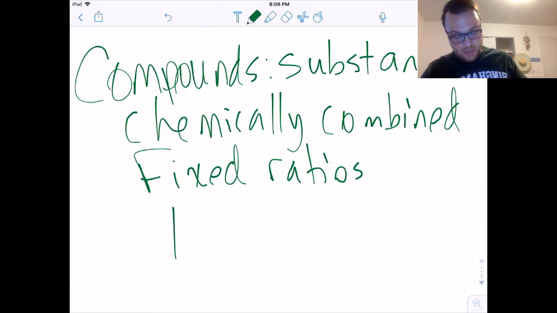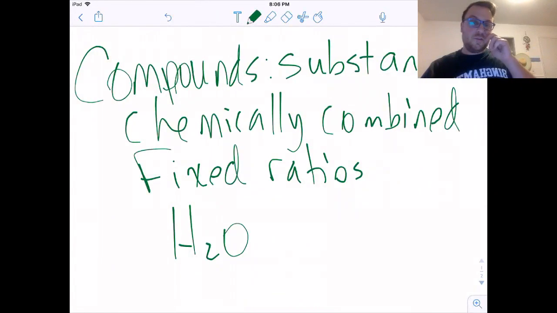For example, with H2O, if you change the ratio of hydrogens 2 to oxygens 1, you don't have water anymore. You have a different substance. So we're chemically combined, we have fixed ratios, and when these things form a compound, they form a bond. And the bond is all about the valence electrons.